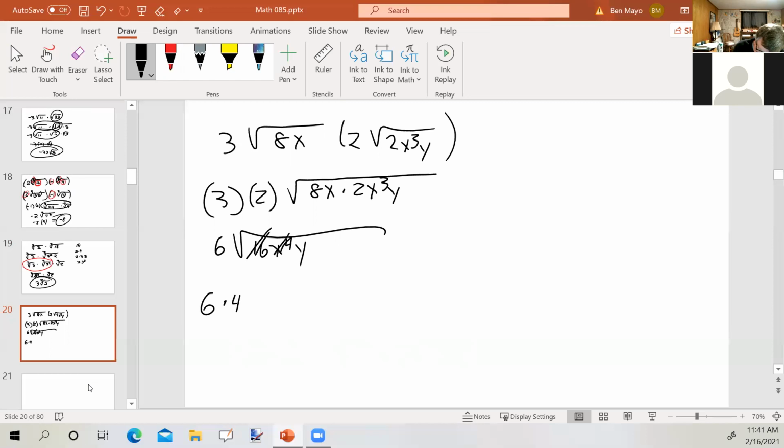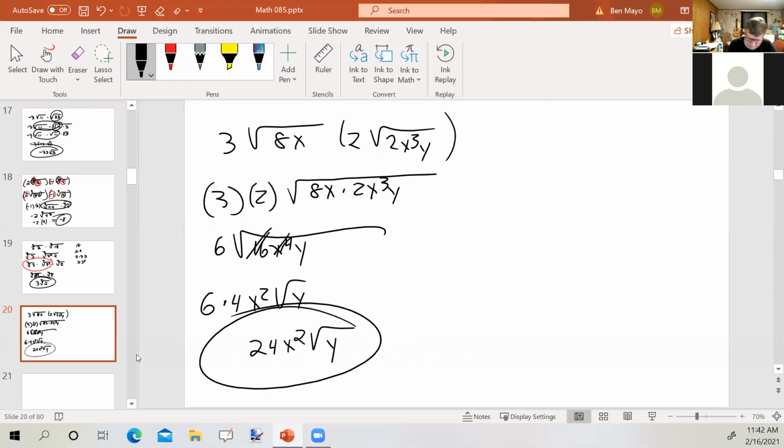The square root of x to the 4th is x squared. And so I end up with 24x squared square root of y. So far, so good? Okay.